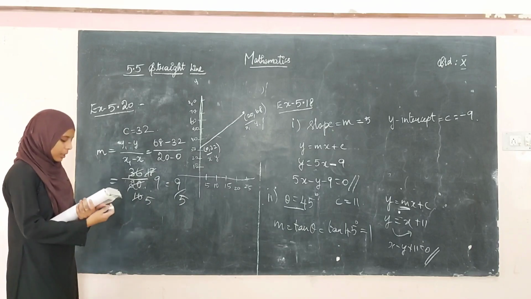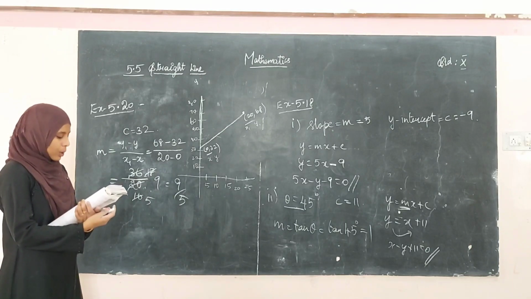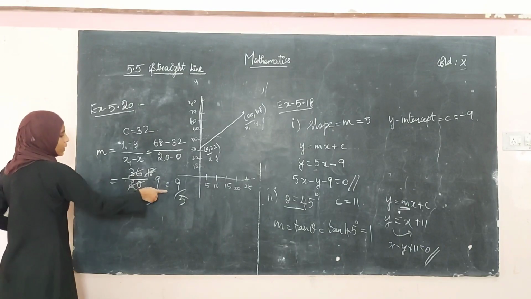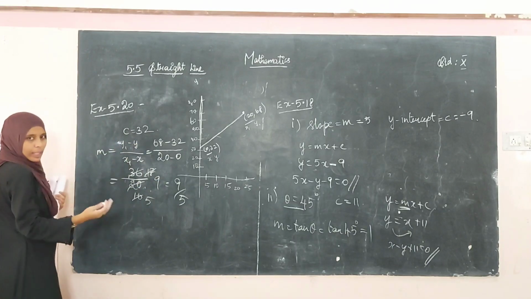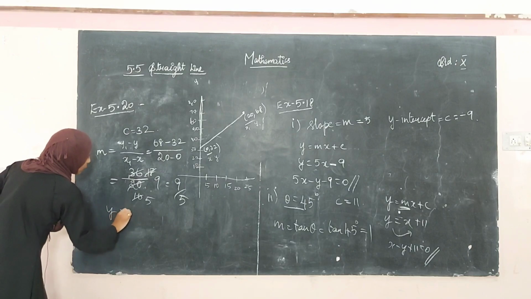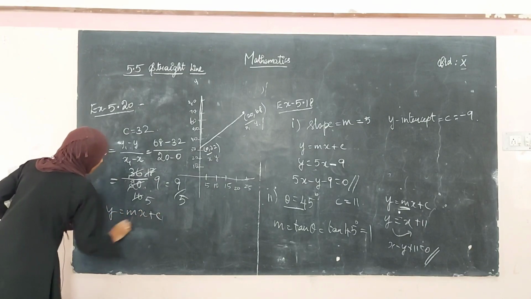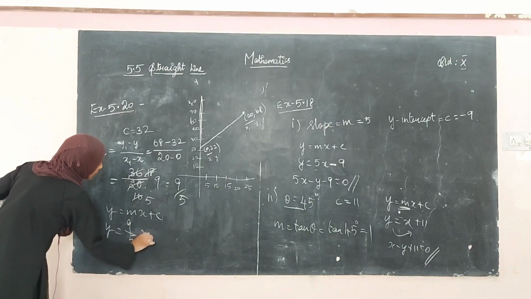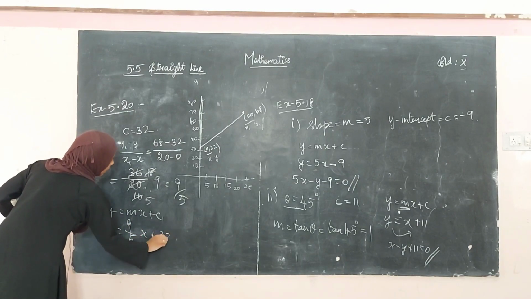See the second subdivision, B. Write an equation of the line. So we have to write the equation. We know m is equal to 9 by 5 and c is equal to 32. We can write the equation, right? y equal to mx plus c. Therefore y equal to, what is m? It is 9 by 5 into x. What is c? It is 32.